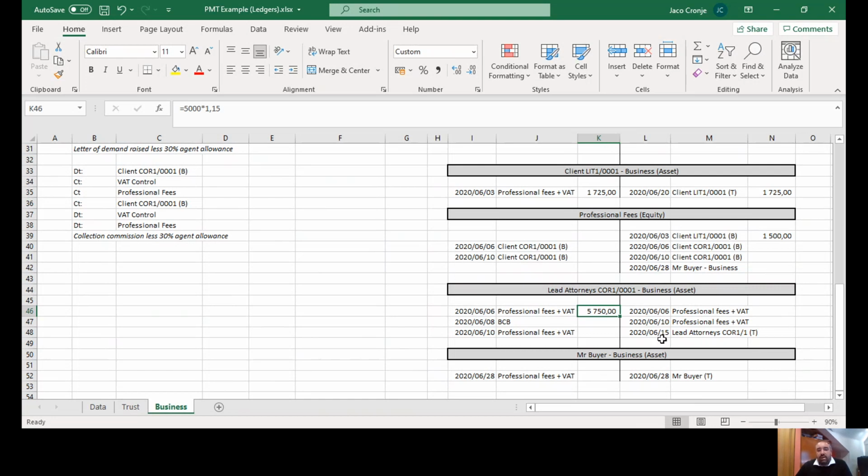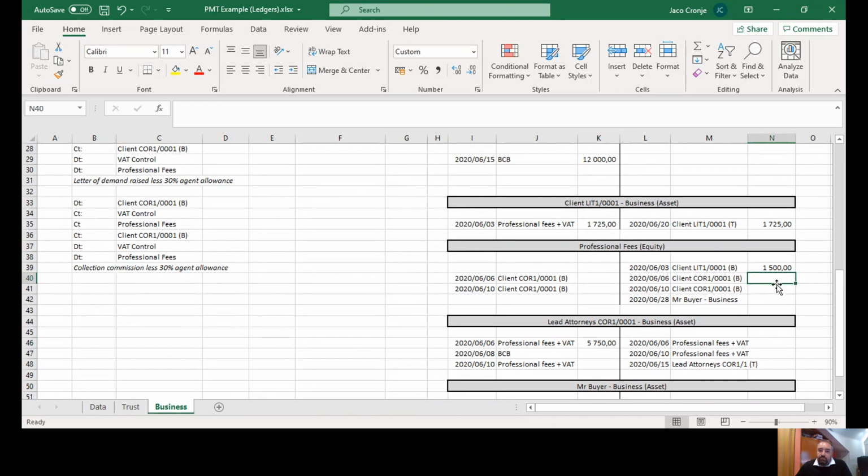Okay. Now that's the debit leg of my transaction. So where do we post the credit? Firstly, part of the transaction goes to fees because I've actually done the work. What is the fee portion? The equity portion will be your fee exclusive of VAT, so divide by 1.15. My professional fee is 5,000 Rand. Now is my journal in balance?